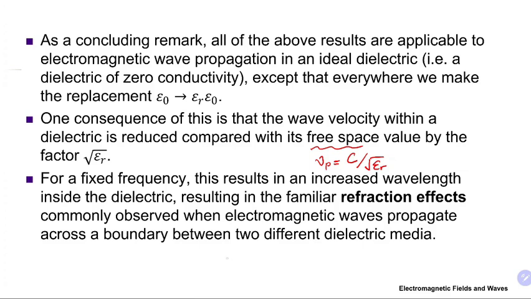In other words, Vp will be equal to 1 over square root of epsilon r epsilon naught mu naught. Originally the speed of light is 1 over square root of epsilon naught mu naught. So in a dielectric material, epsilon naught becomes epsilon r epsilon naught.